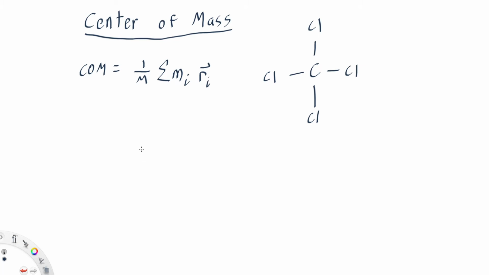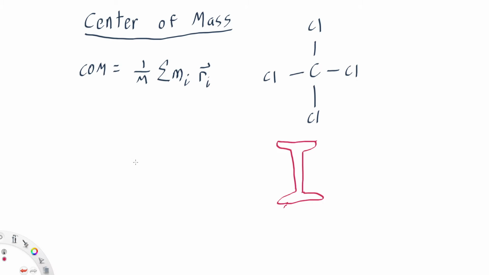But we don't have to restrict ourselves to situations in which the mass is discretely distributed throughout an object. We can also talk about real objects. So say we want to know, what is the center of mass of an I-beam? Which is kind of an important thing to know if you are doing some structural engineering.